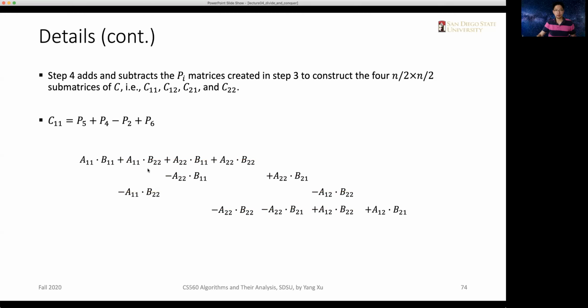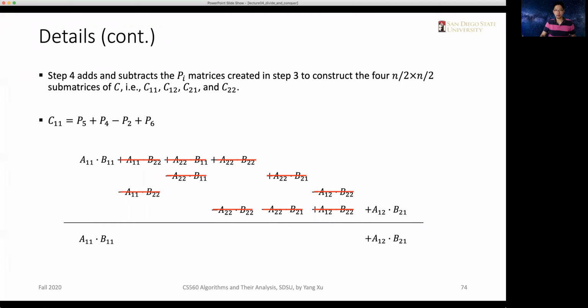All these product terms with positives and negatives eliminate each other. And the resulting terms are only two, A11 times B11 plus A12 times B21, which is exactly the definition of C11, according to the principle of matrix multiplication.